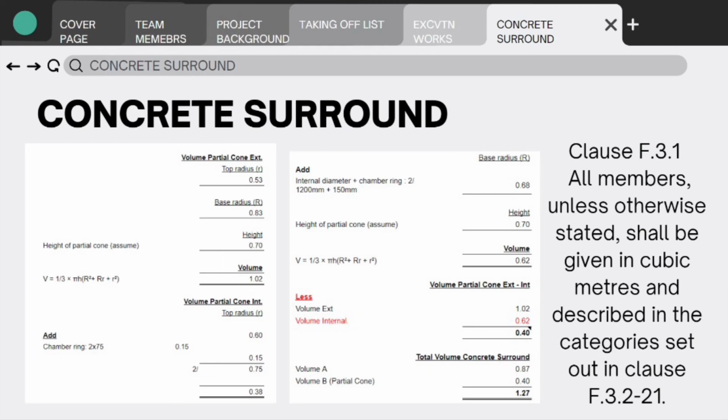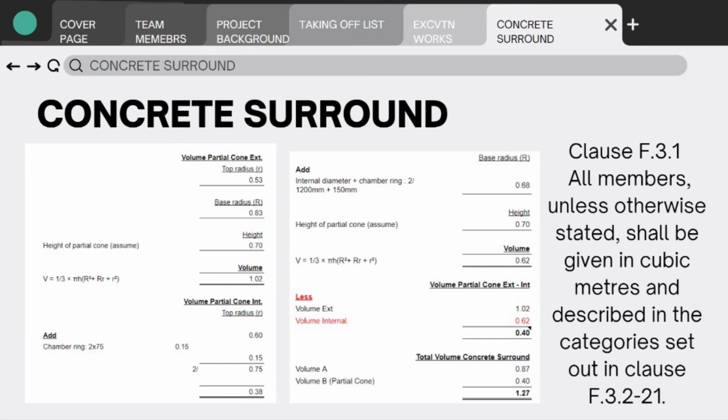The base radius is 0.83 taken from the excavation. The height of the partial cone is 0.70, which we assume. The total volume for partial cone external, we have calculated by using the partial cone formula to get a total volume of 1.02.